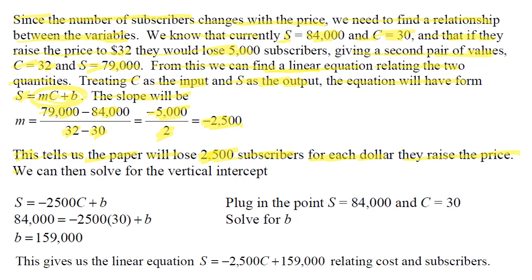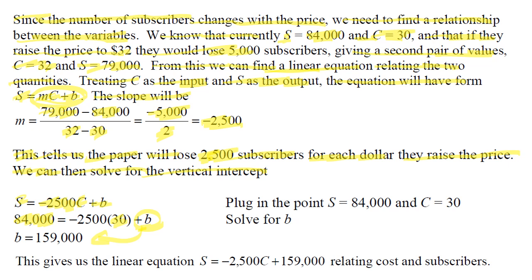So we can then solve for a vertical intercept, the y-intercept. So in this case, if we say, all right, well, S equals M times C plus B, M being negative 2,500 times C plus B, all right, then let's find the B. Well, we know when we have 84,000 subscribers, okay, $30 is the cost, plug that in, you would then solve for the remaining variable, B, and you get 159,000.